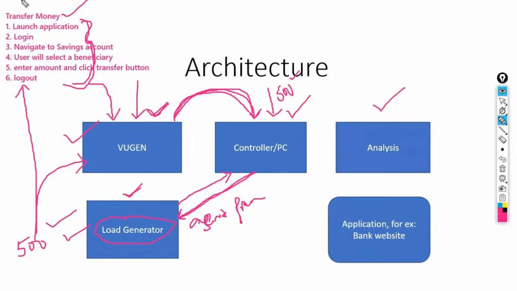Whatever logs and results we get, this component will show that information in tabular and graphical format, and it will help us analyze the performance issues, what went right and what went wrong during the performance test. So all in all, these are the different components of LoadRunner.